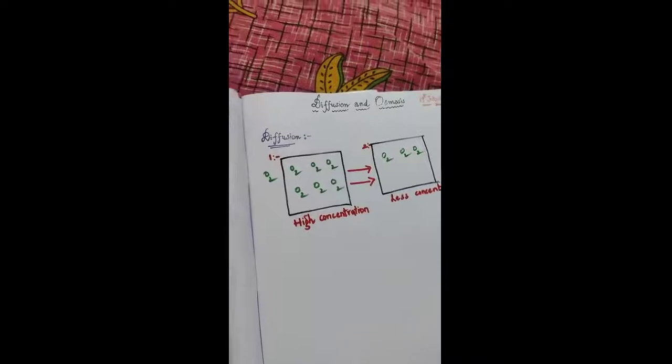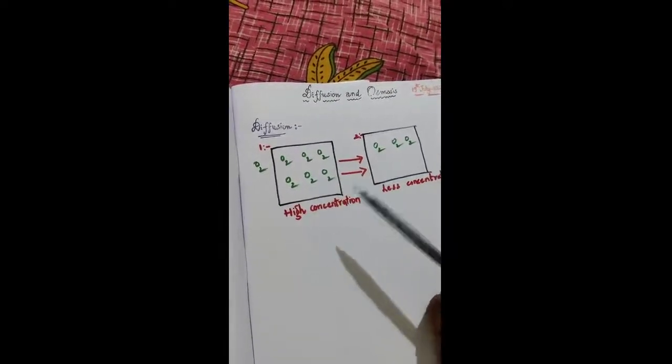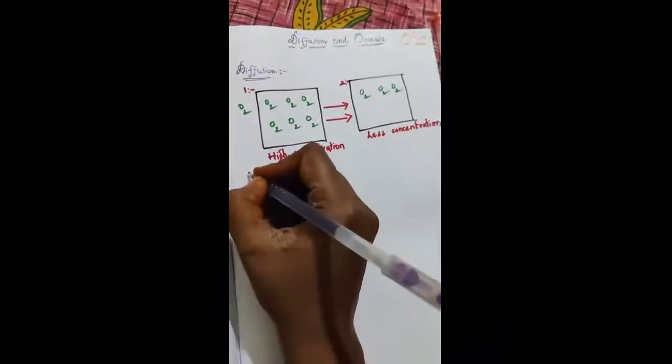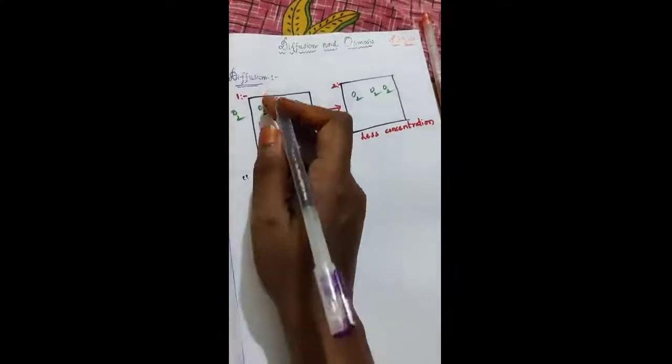Very easy thing. When you remember this example, you can happily write down the definition. No need to memorize, please understand the concept so that you can happily write down the definition of it. So what is diffusion now?